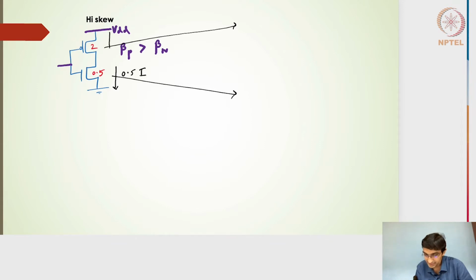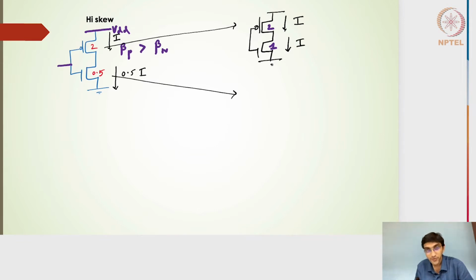Here the rising current is nothing but I. So my benchmark inverter should be of size 2:1. I will draw my benchmark inverter with a size of 2:1, which will give me a rising current of I, and then the falling current of I.